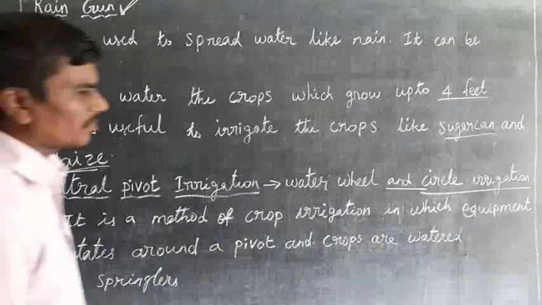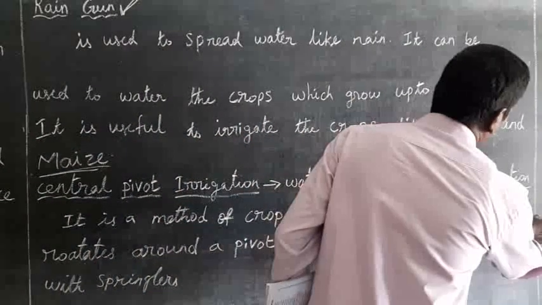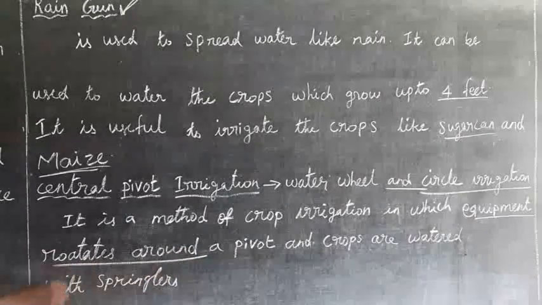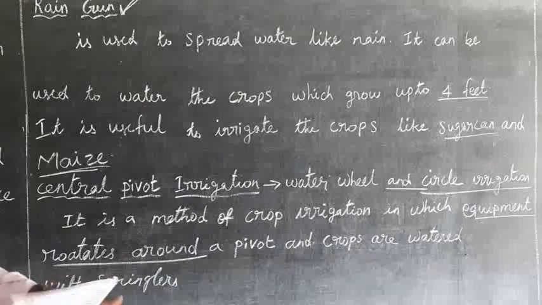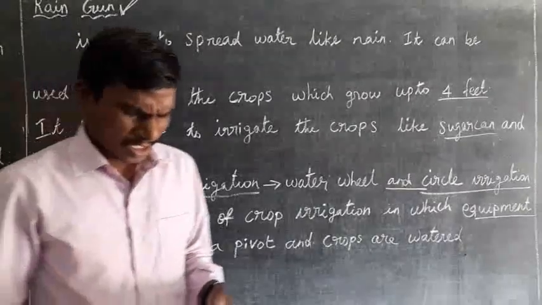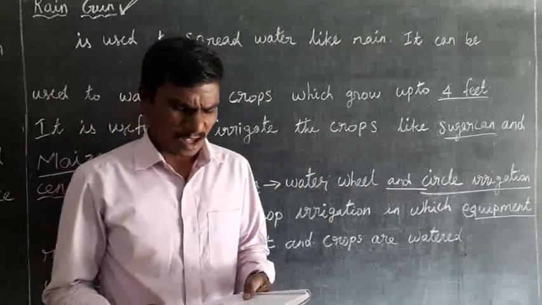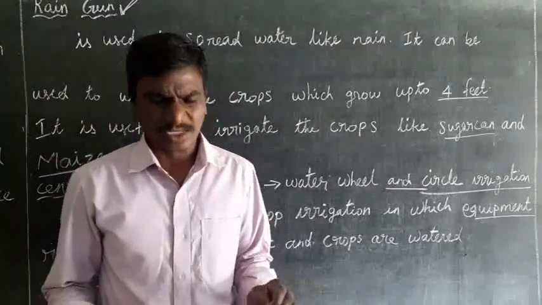It is a method of irrigation in which equipment rotates around the pivot, and the crop areas are watered with sprinklers.